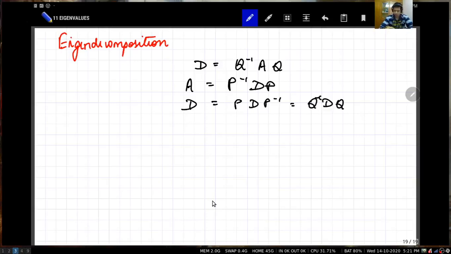The goal is to find out what D is and what P or Q is. We already know that D is the diagonal matrix consisting of the eigenvalues of A: lambda 1, lambda 2 up to lambda n. Some of these eigenvalues could be repeated.